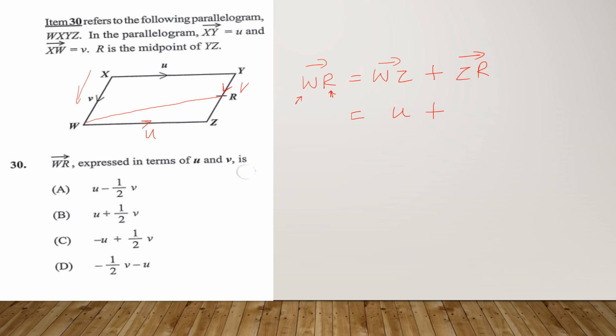We're going in the opposite direction, so it's going to be V, but it's going to be negative. And remember it said R is the midpoint of YZ, so that's a half negative V. So that's U minus a half V. So that would be A.